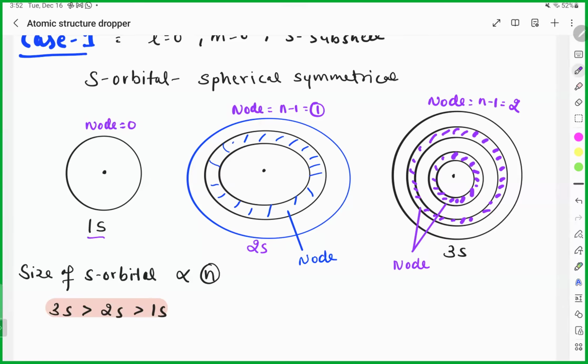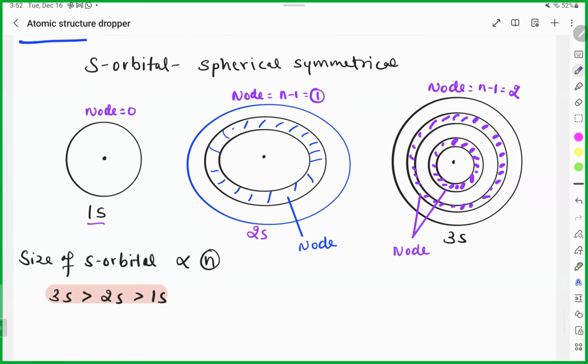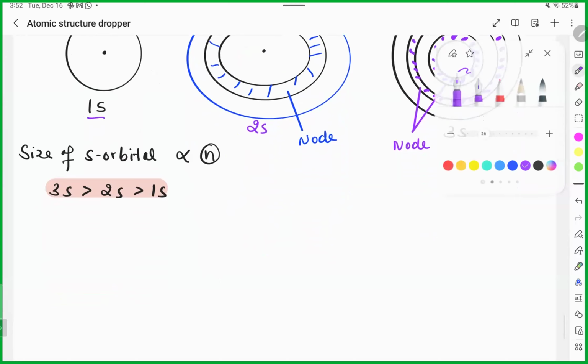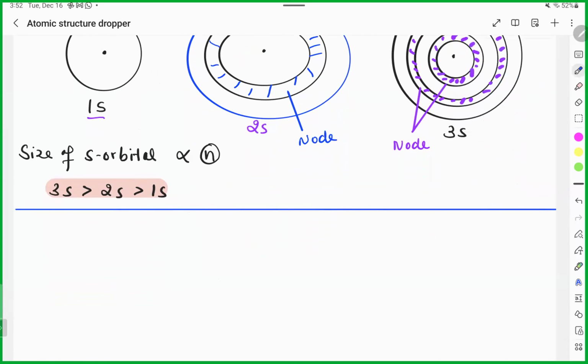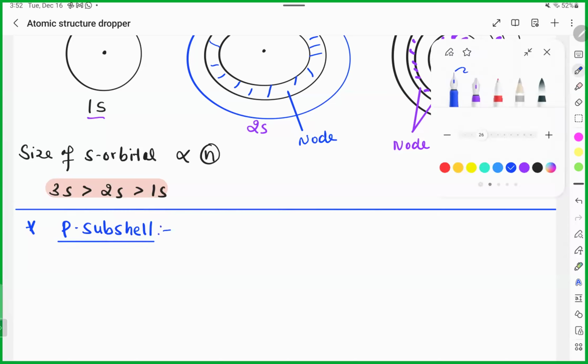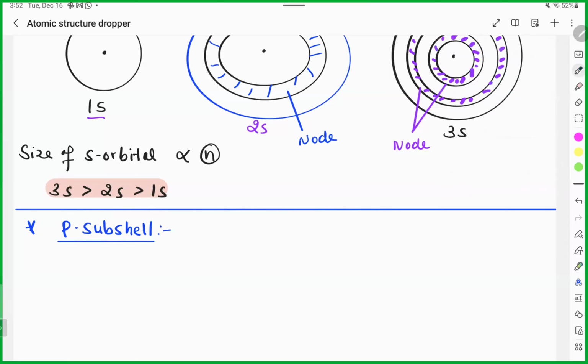No, sir. Yeah. So next is the p subshell. What happens in case of the p subshell? When you have the p subshell, how many orbitals do we have, Sarah? So 3. The l value will be 1, and the m value will be -1, 0, and +1.